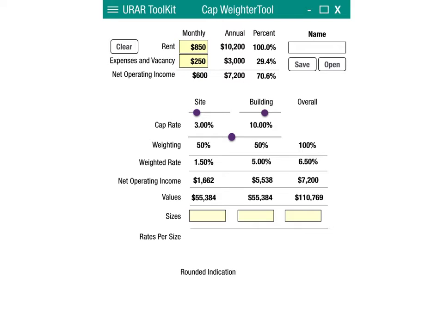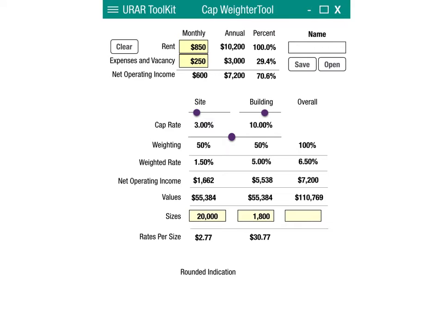Another feature is we can actually calculate the rates per size on the components. So say that the site in this example is 20,000 square feet. That's giving us a rate of $277 a foot. The building at 1,800 square feet would give us a rate of $30.77.